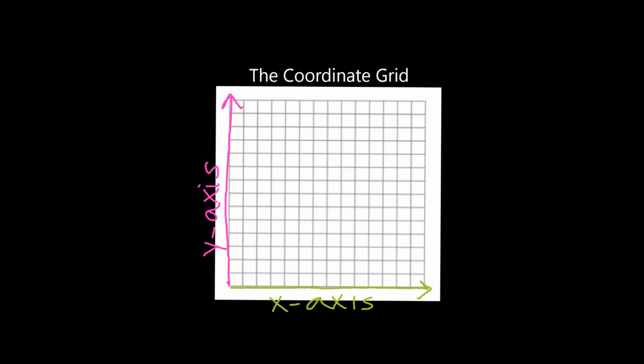So again, here I have my coordinate grid. I have my x-axis that goes horizontal, and I have my y-axis that goes vertical.